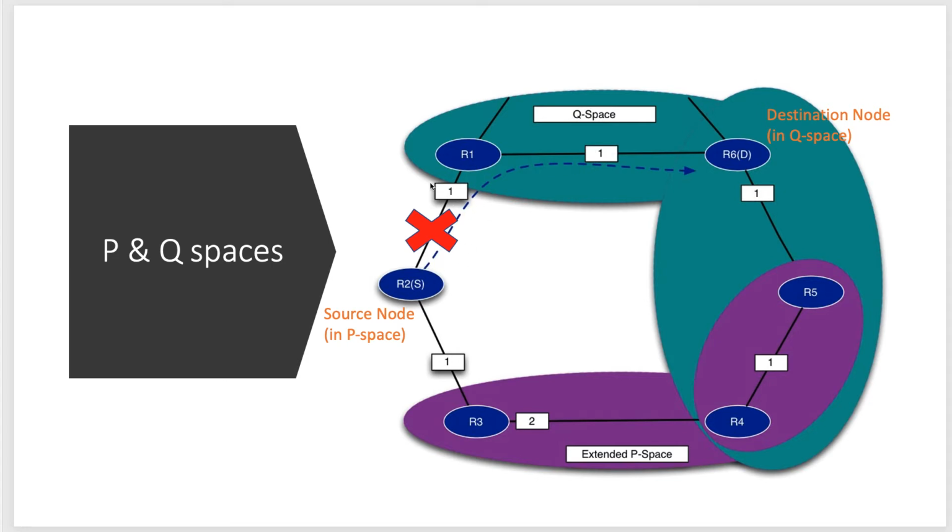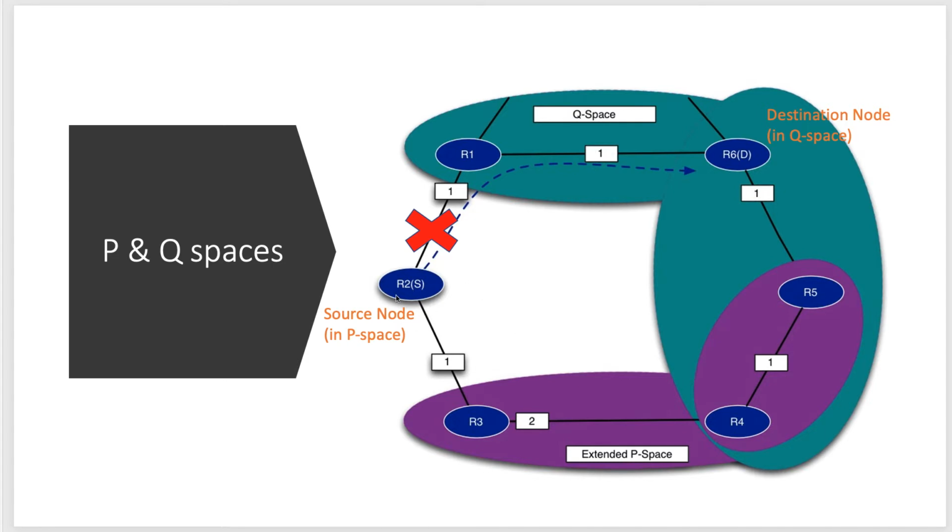So this link that failed has no problem in terms of reachability between R2 and R3. R2 can still reach R3, and from there it can still reach the rest of the nodes like R4, R5, and ultimately R6. So that means R3 belongs to something called the extended P space.